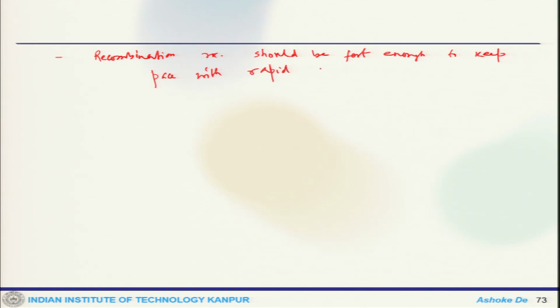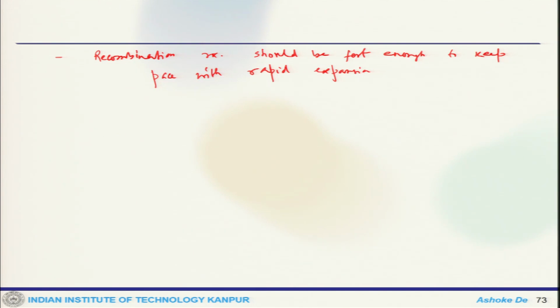Now, if the products are to maintain the equilibrium composition while expanding, the recombination reaction should be fast enough to keep pace with the rapid expansion.